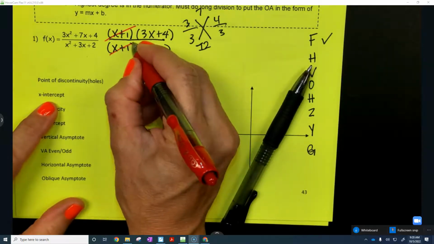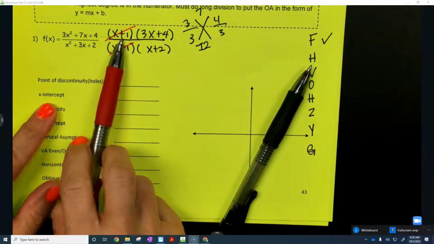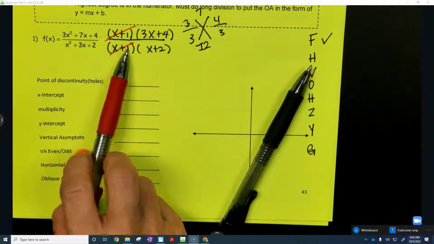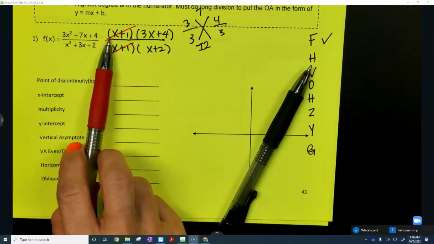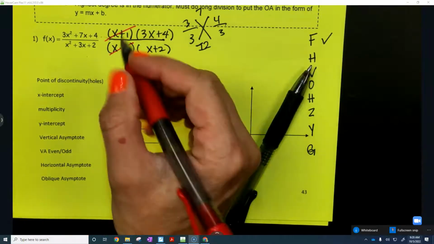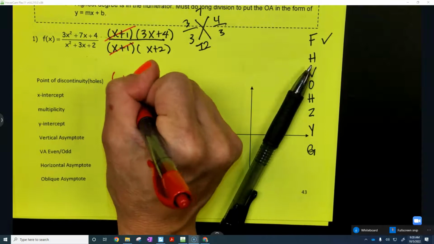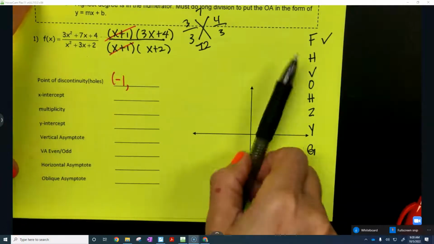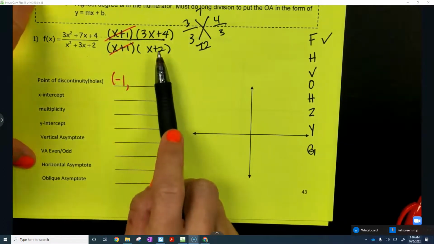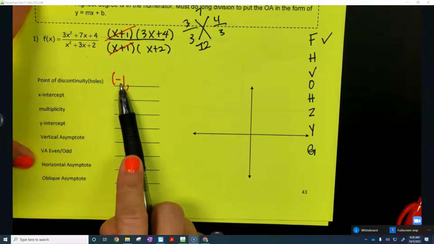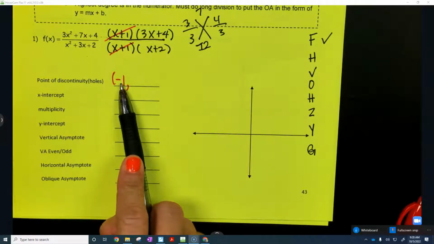These cancel out. And then, guys, if x plus 1 was an x-intercept, what would it have been? What would have been the value? Very good, -1. So we always take the opposite value. So the x-coordinate is -1, but it's not an x-intercept. I have to find the y-coordinate. In order for me to find the y-coordinate, I'm going to look at my remaining fraction, the remaining pieces left, and plug in a -1 and find the y-coordinate.